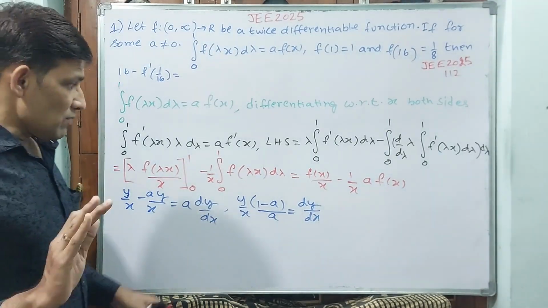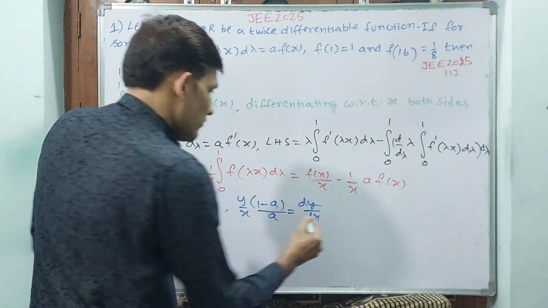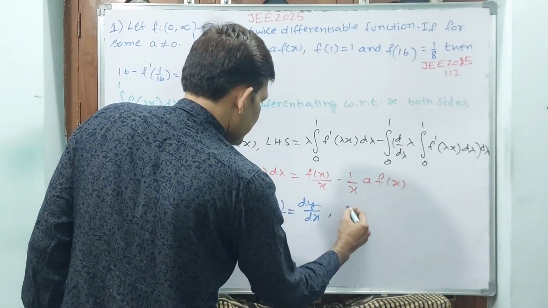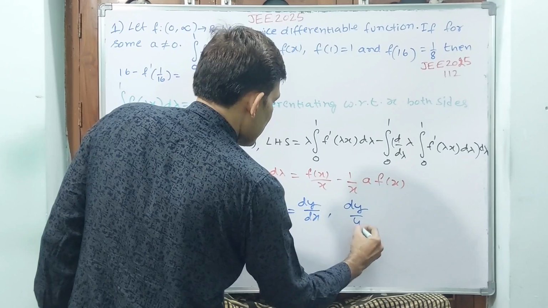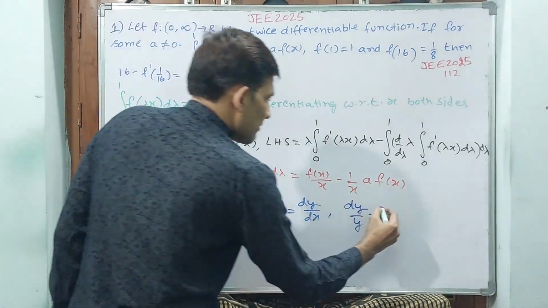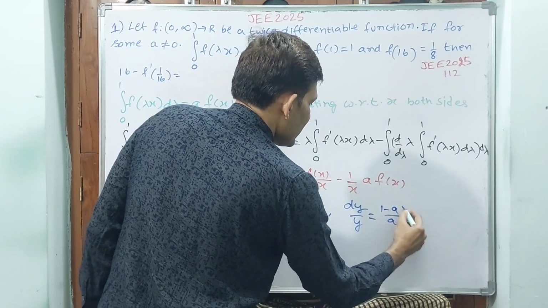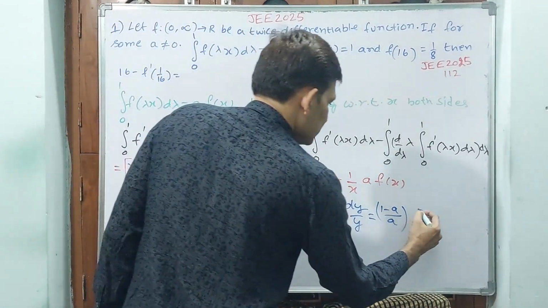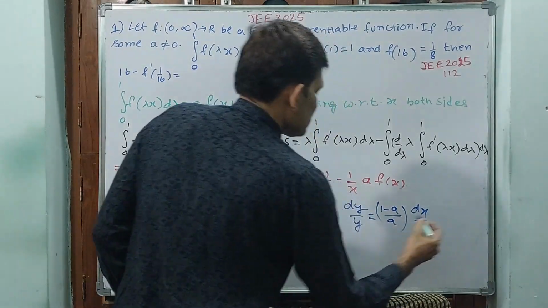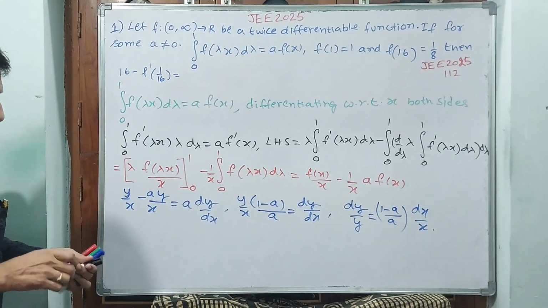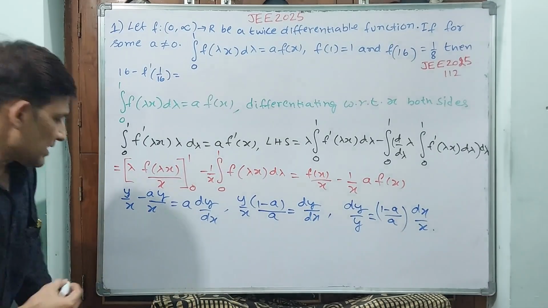Okay. Now see what I am doing. Observe carefully. This y I am sending that side. That means dy by y is equal to 1 minus a by a into dx by x. Understand? Okay. Now I am integrating on both sides.